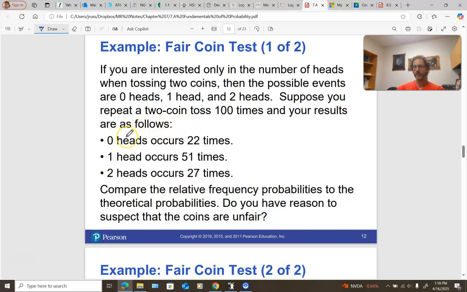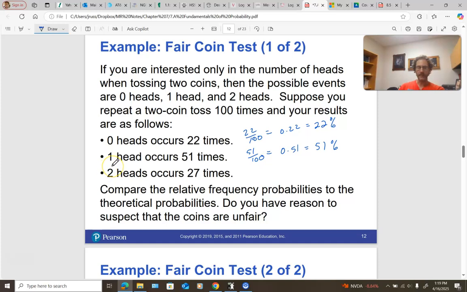These are your results. Zero heads, or in other words both tails, occurred 22 out of 100 times. That's 22 out of 100, the same as 0.22, which is 22%. And then you got exactly one head and one tail 51 of those times. So 51 out of 100 is equal to 0.51, or 51%.